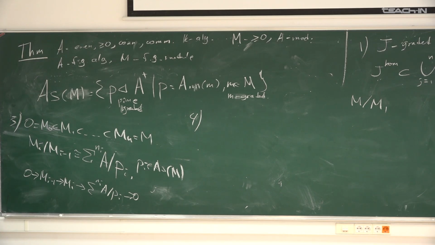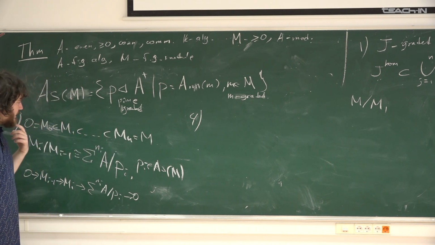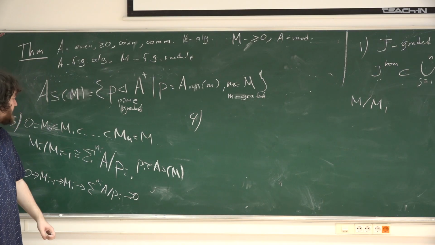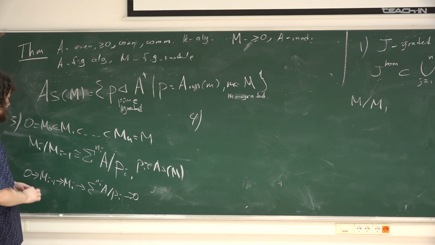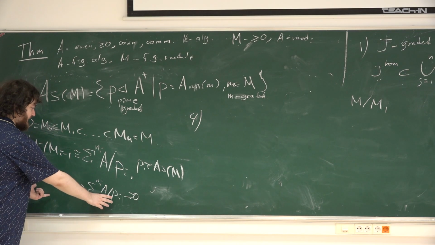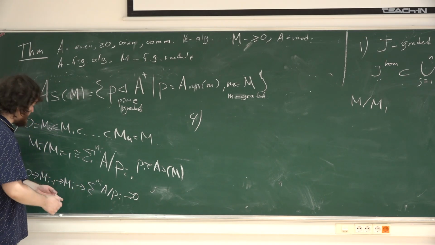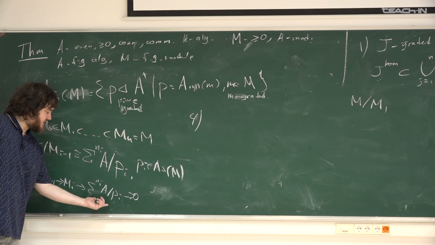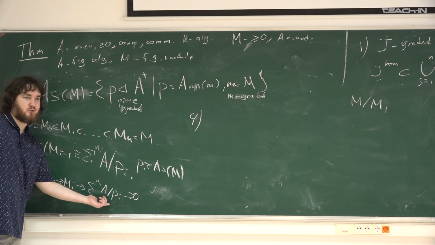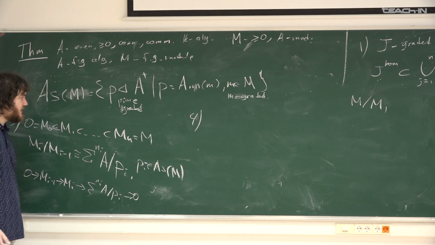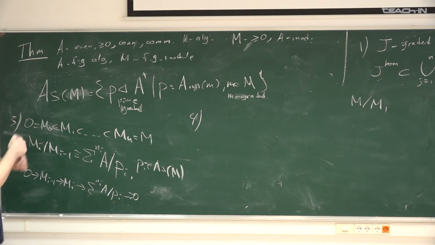I want to estimate the number of associated primes in M itself. So it's useful to estimate the associated primes of the middle term in terms of the corner terms, and then I need to estimate the associated primes of this elementary module. So these are the fourth and fifth steps.